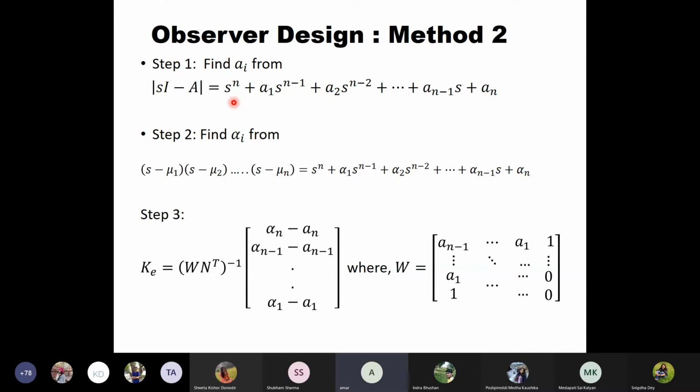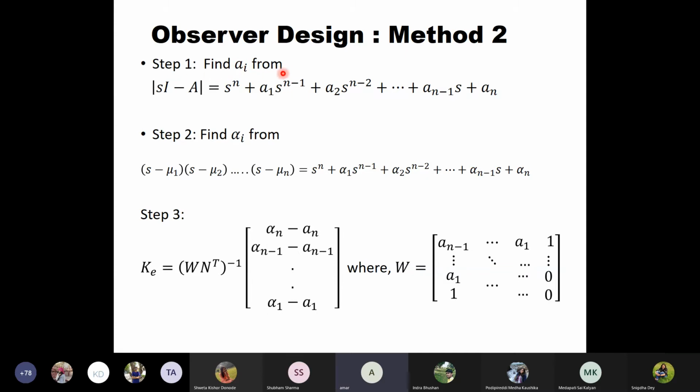we have to check the observability. That is for all the methods. This is the primary condition for the observer design, irrespective of the method you are using. So the first step obviously will be checking the observability condition. The second step, for the Bass-Gura method, is to find the Ai's, that means A1, A2 to An.